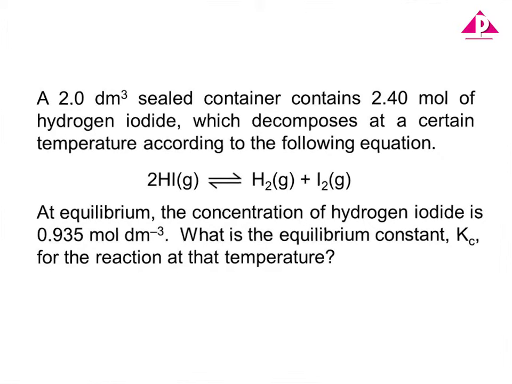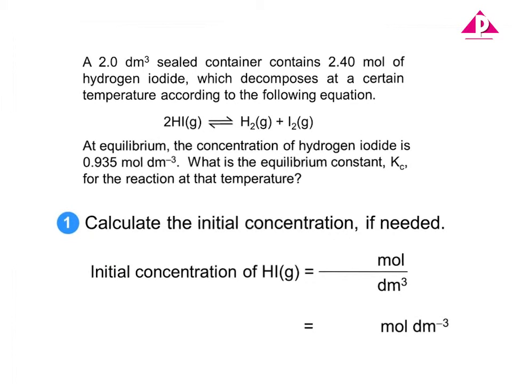To determine the equilibrium constant, we need to know the equilibrium concentrations of hydrogen iodide, hydrogen, and iodine. However, only the equilibrium concentration of hydrogen iodide is given in the question. How do we find out the rest? To start with, we can find the initial concentration of hydrogen iodide.